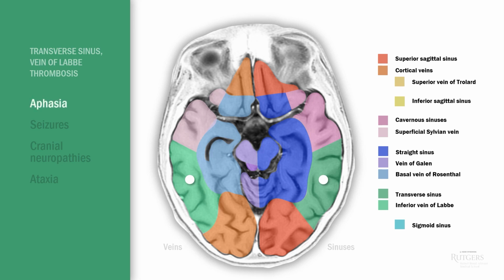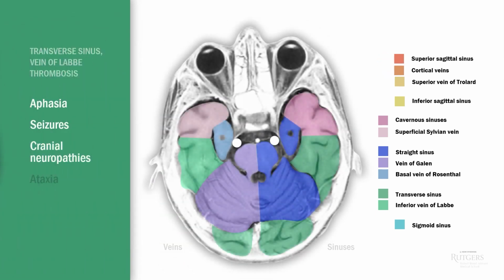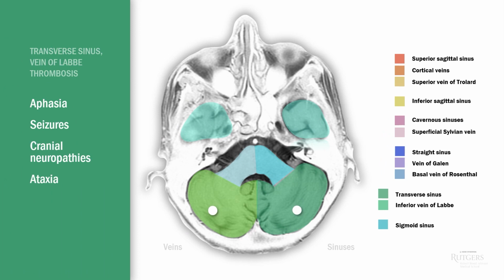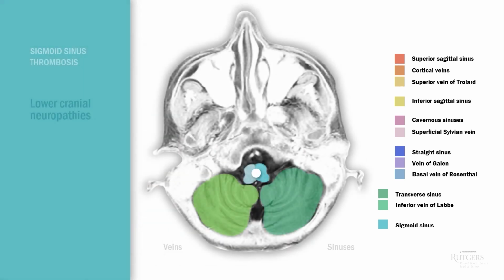Any venous infarction can also cause a seizure. What's less common are cranial nerve palsies. Transverse sinus actually drains multiple upper cranial nerves. Transverse sinus also drains the cerebellum, so extensive thrombosis may cause cerebellar signs and ataxia. At the base of the skull, sigmoid sinus drains the lower brainstem, so you can expect multiple lower cranial neuropathies.